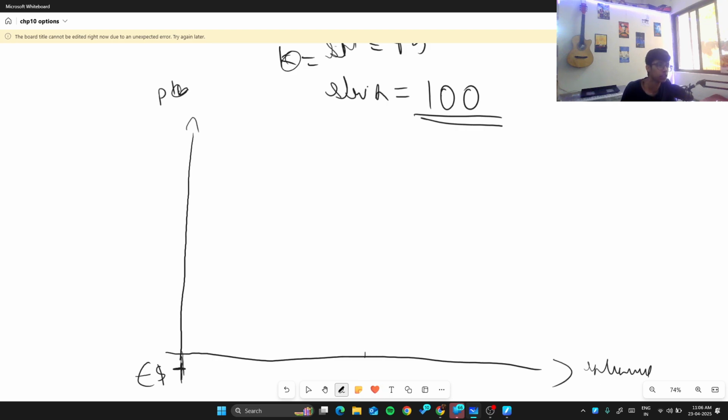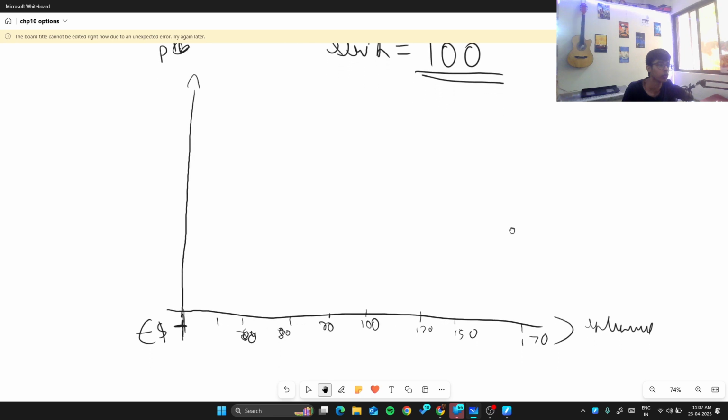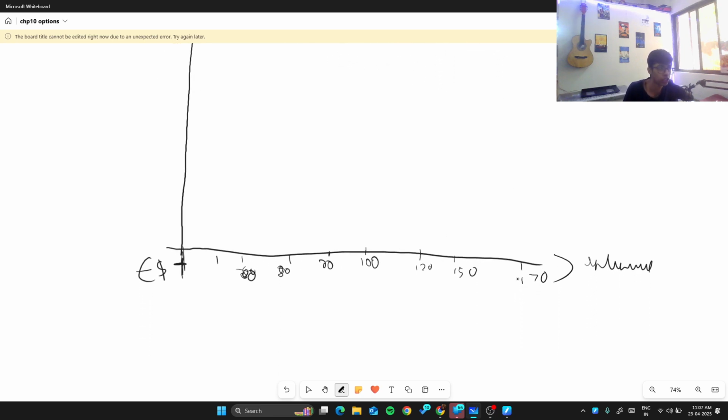This is our 100 mark, this is 90, 80, 70, and so on, and this is 120, 150, and 170. We paid some amount at first to enter the contract, so our line will start a little bit behind. And current is 95.